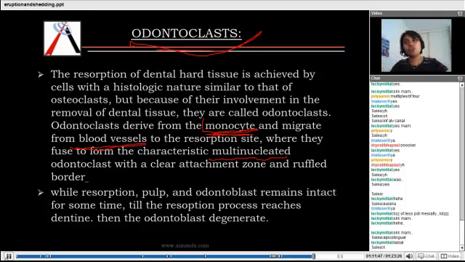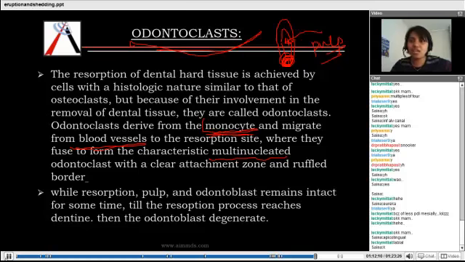They continue resorbing. Even when pulp comes in the way, they keep resorbing the pulp also. But imagine that this is a tooth, and there is resorption going on here. Amazingly, this portion of the pulp is still vital.